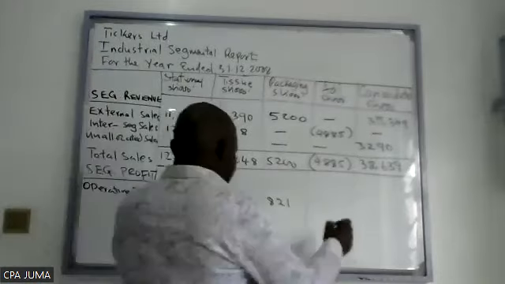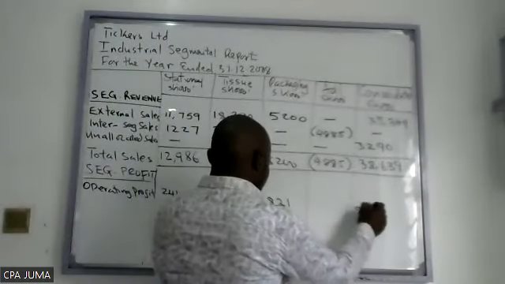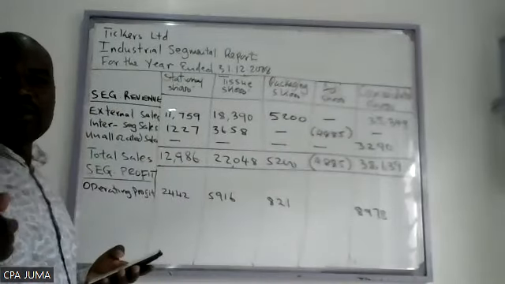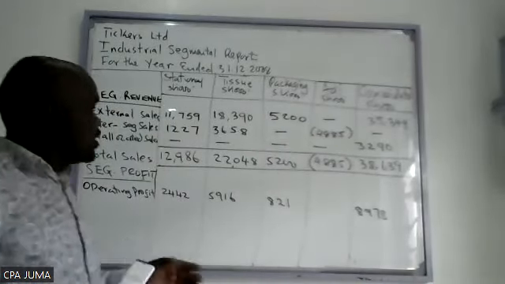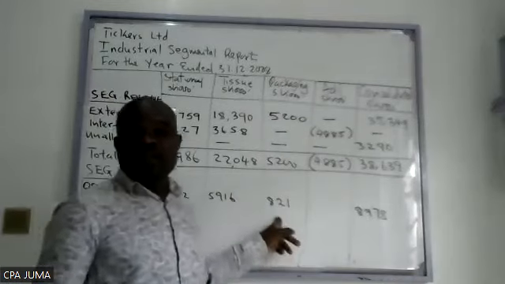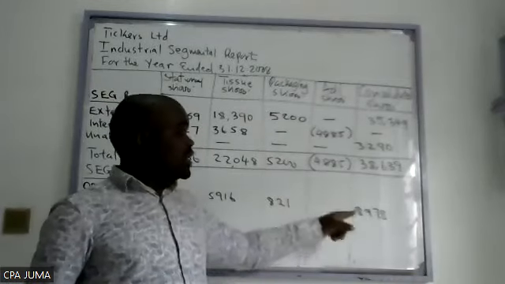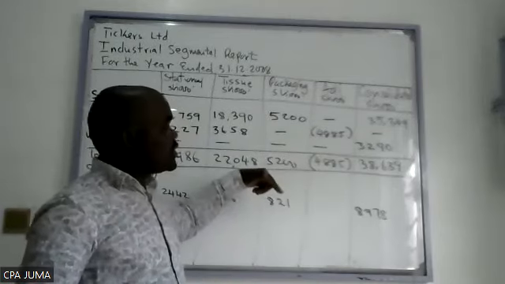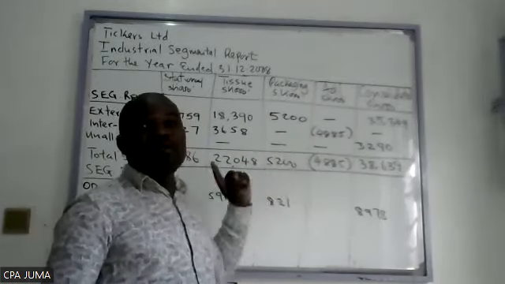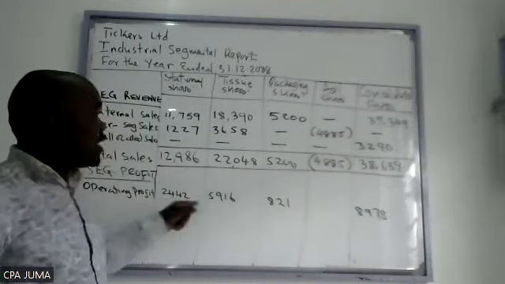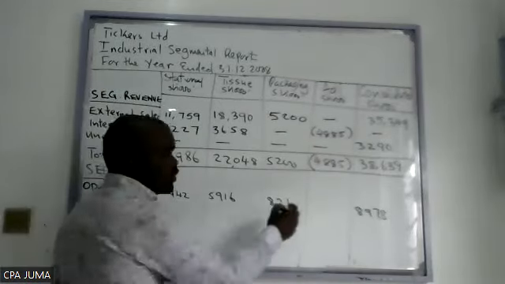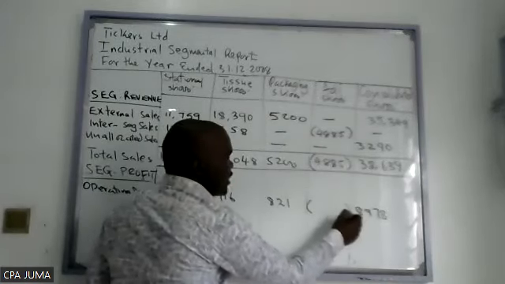So their consolidated is 89.78, while we are getting 91.79. But with them, they are saying the consolidated is 89. So the difference means there was intersegment profits. That is what they were not giving us, which will be eliminated here.